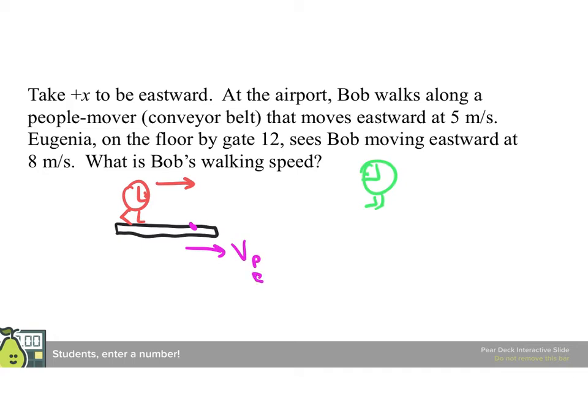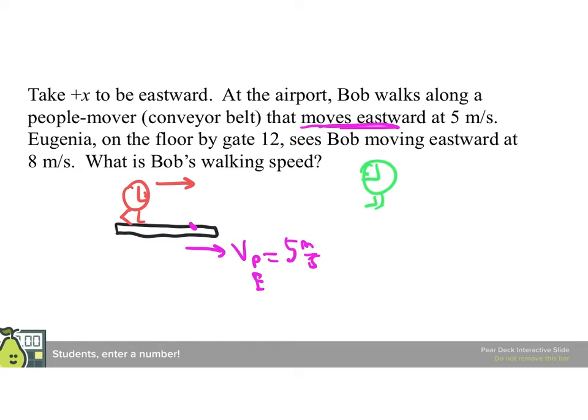We're told that the people mover, as measured by Eugenia, because she's on the floor and sees the same thing as the people mover, moves eastward against the floor, and therefore also versus Eugenia. Eugenia sees it moving at 5 meters per second.